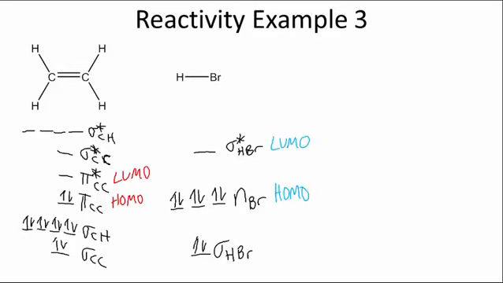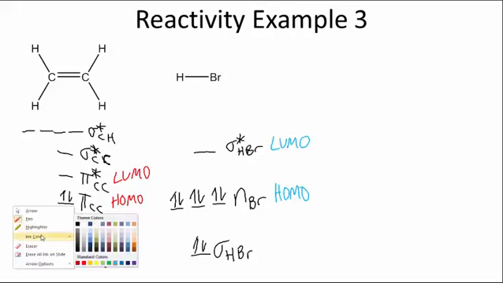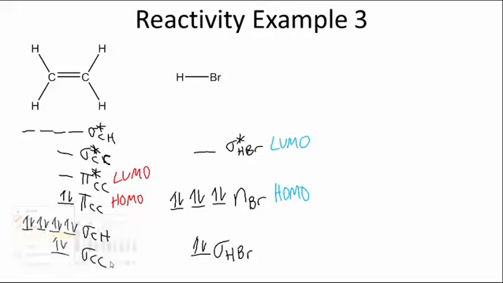So you might be inclined to say, well, lone pairs are usually better donors than pi bonds, and pi star should usually be lower than sigma star. So you might be inclined to make the bromine lone pairs donate to pi star CC. This would be totally a reasonable interaction to consider.